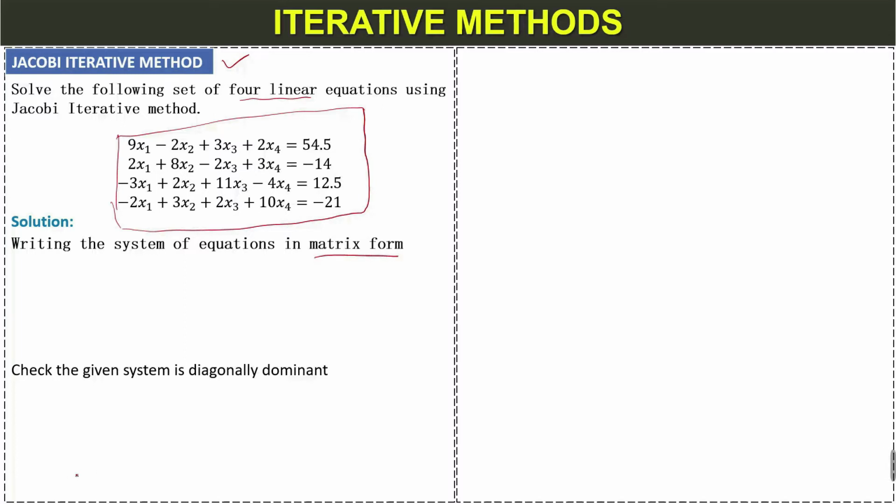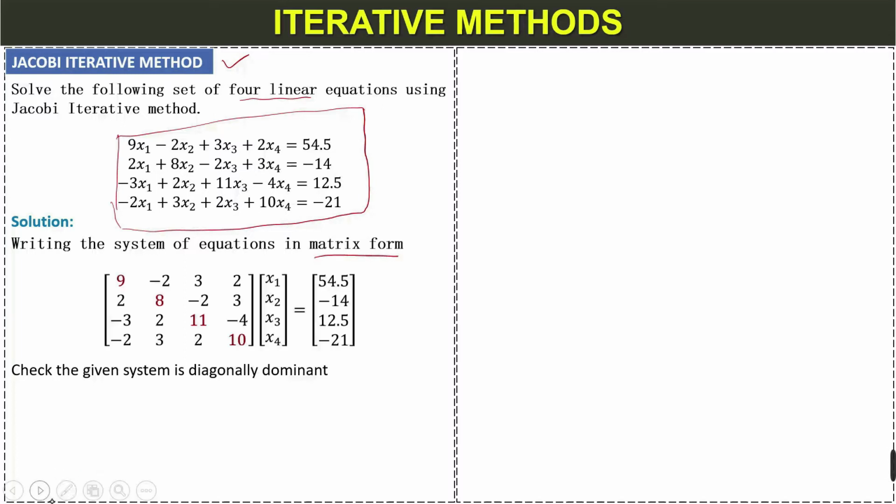After writing them in matrix form, we will check whether the given coefficient matrix is diagonally dominant or not.